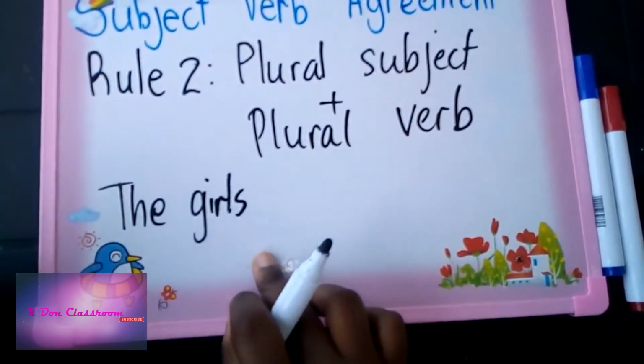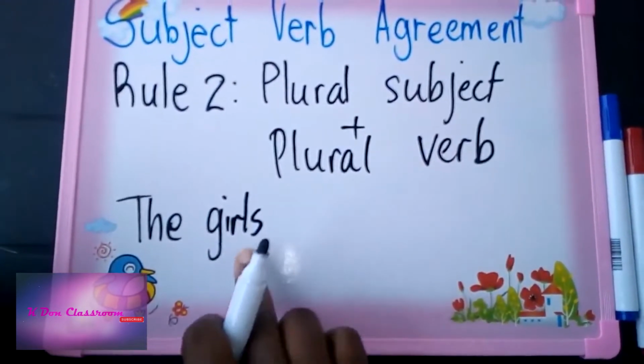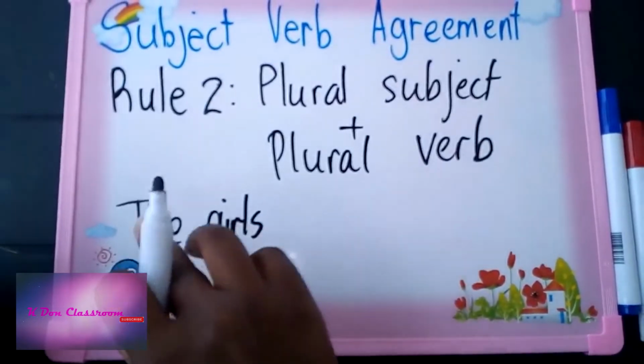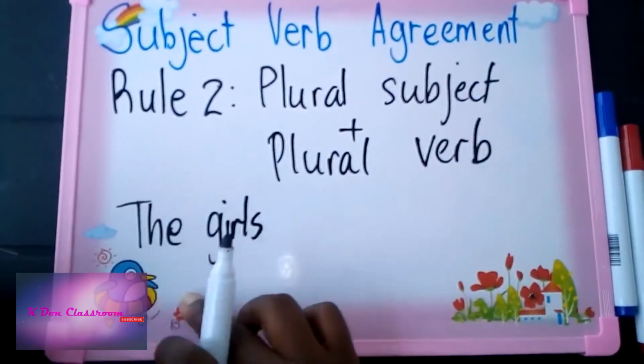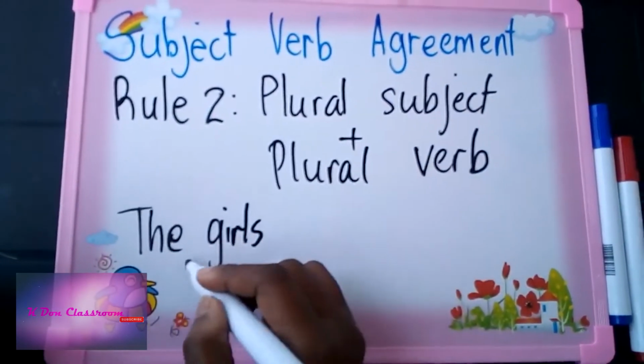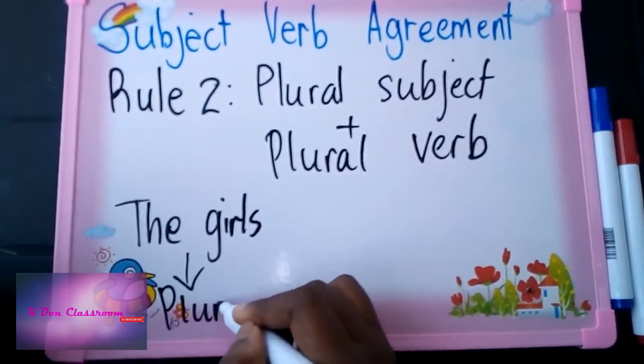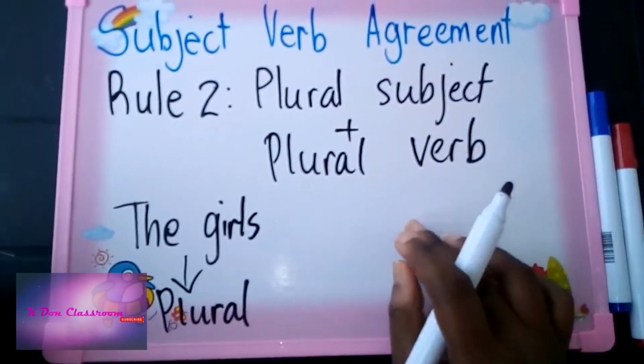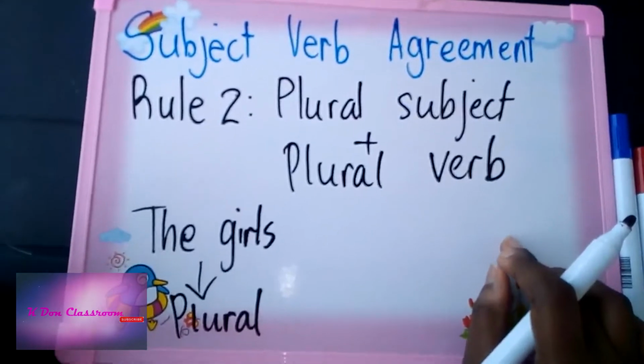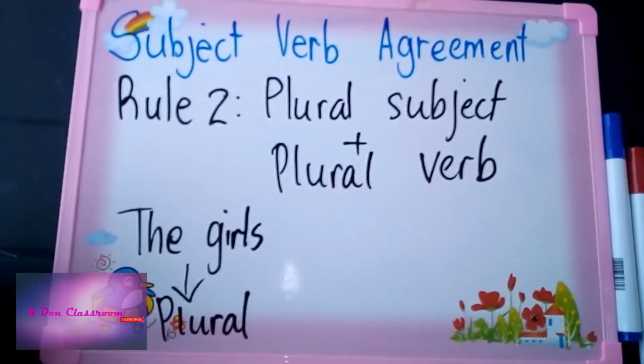We know that this is more than one girl because it has the S at the end. The girls. So we know that this is plural, a plural subject, right? So it simply means that we're going to have to use a plural verb with it.